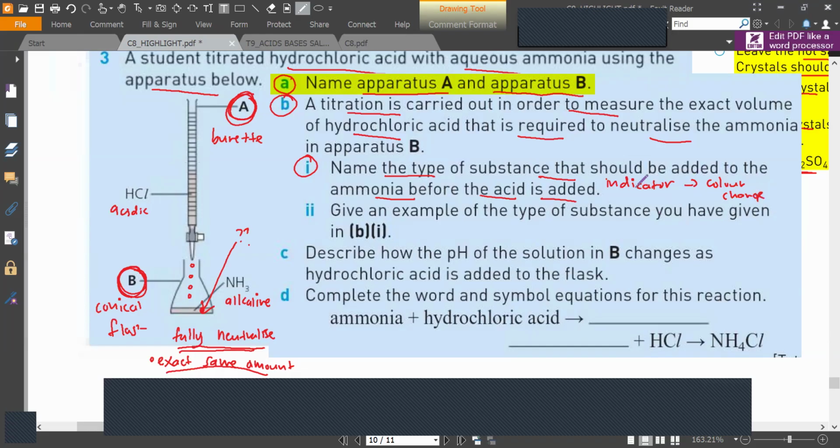So we must add an indicator like thymolphthalein, or methyl orange, and so on. Example of the indicator like this one.